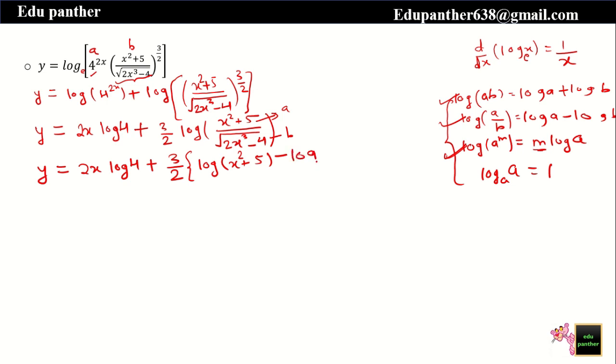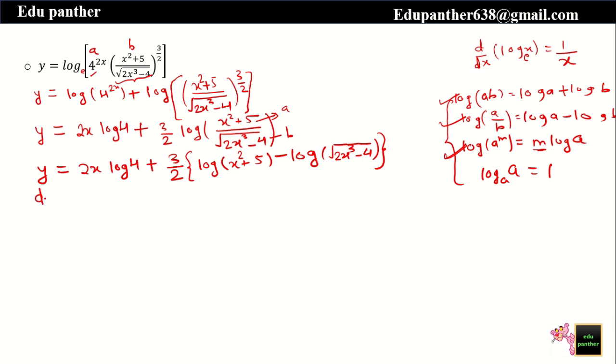So log of your b is square root of 2x cube minus 4. Close this bracket. So this 3 by 2 is multiplied in this bracket. Now further simplification is not possible because there is no product term, similarly no exponent and no division term. So now we can start with differentiation.